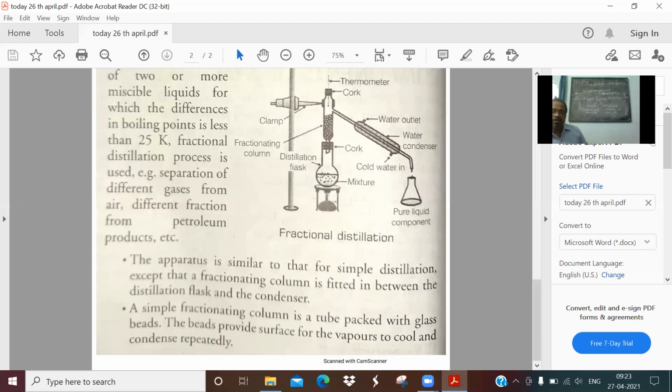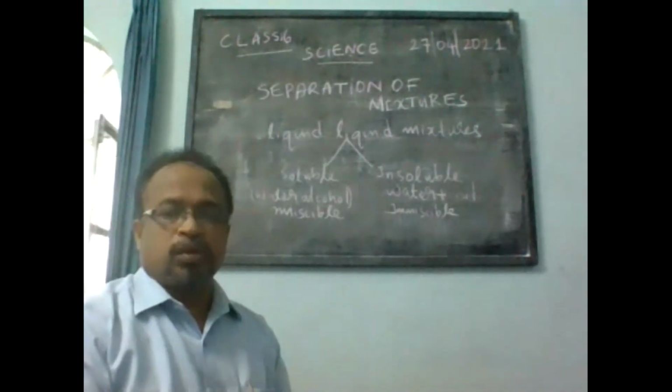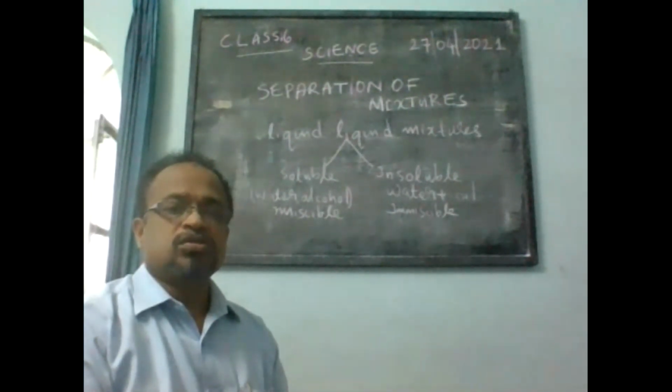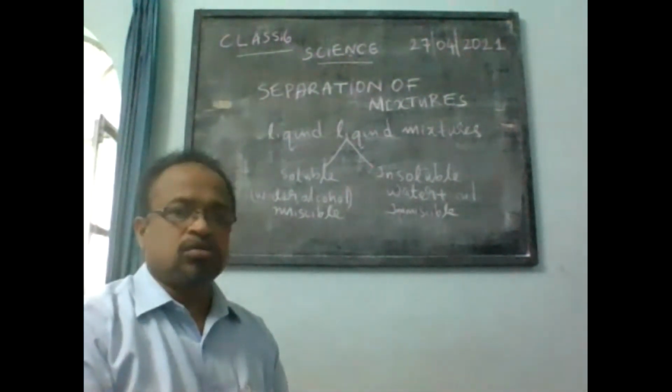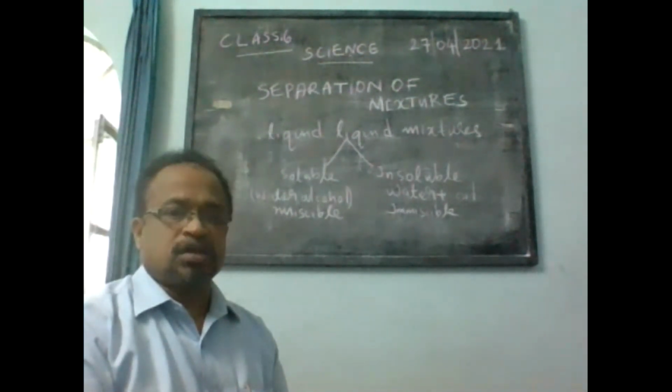Sometimes we need to go for pure substances for making some medicines and other purposes. That is why we need to go for separation. Now, the methods for separation based on the type of mixture.